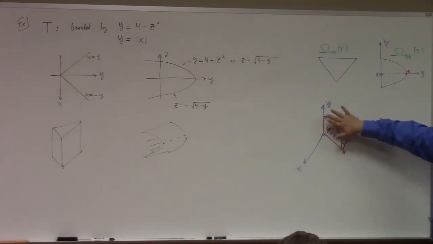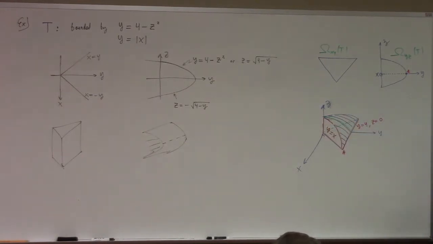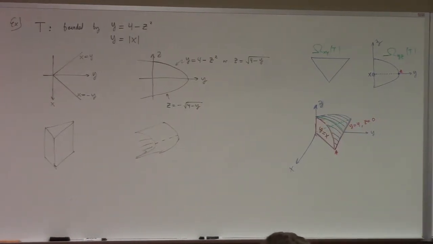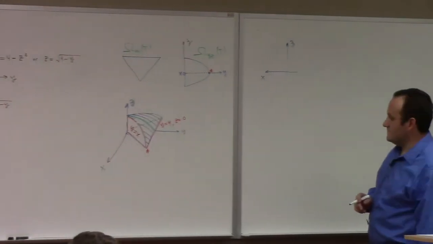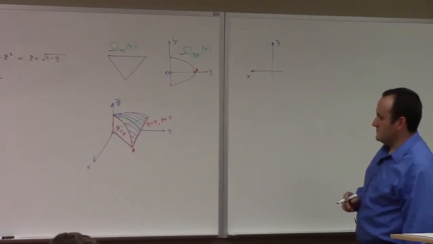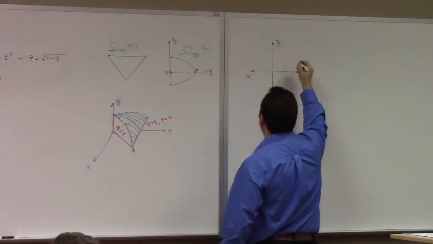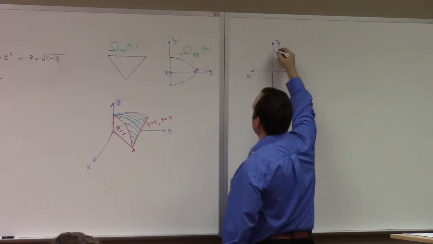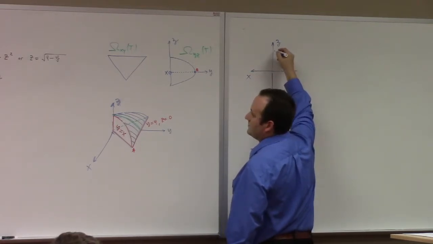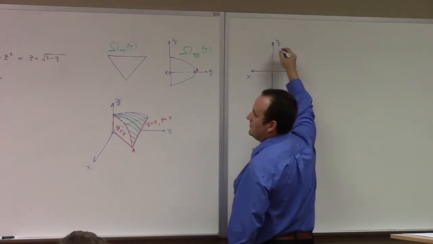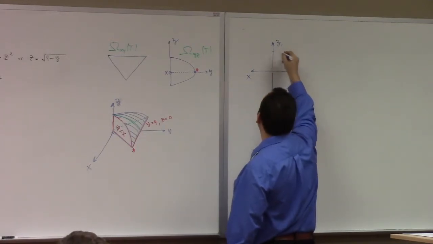Sort of like a curving diamond. A curving diamond. So we all see the point z equals plus or minus 2, yeah.